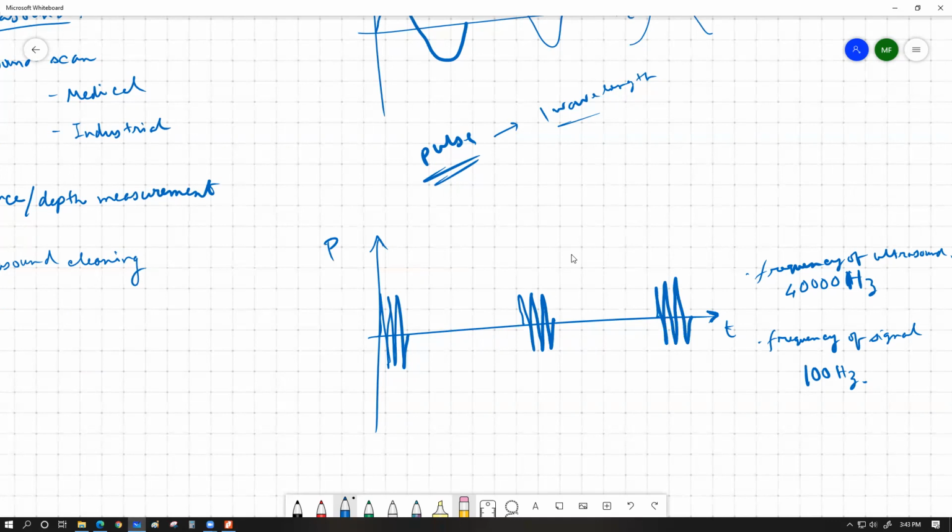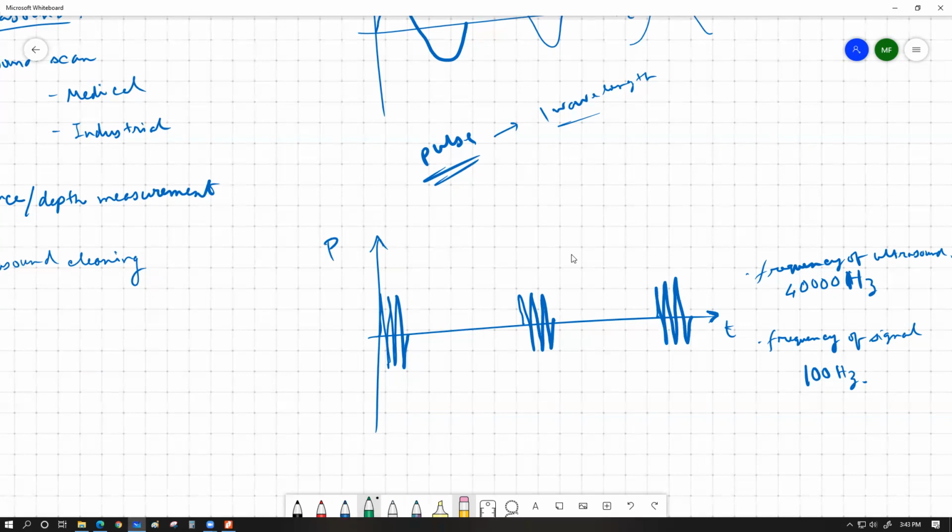But what it means is that the source makes a sound, then waits a little bit, and then makes another sound, and then waits a little bit and makes another sound. Because the source can vibrate so fast, it can stop in between, even when the signal frequency is 100 hertz.